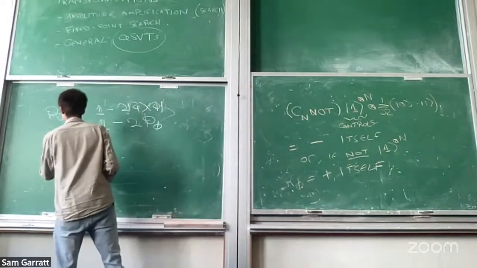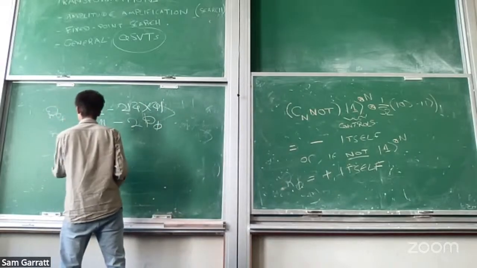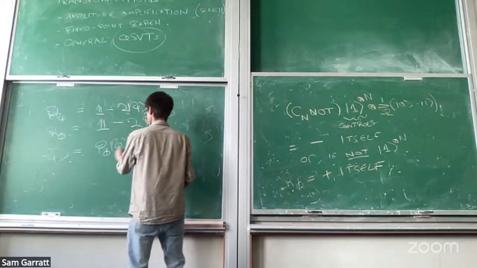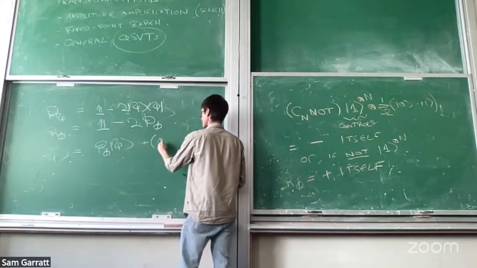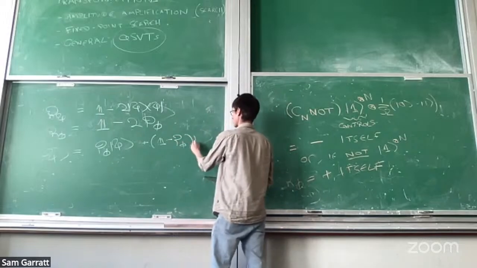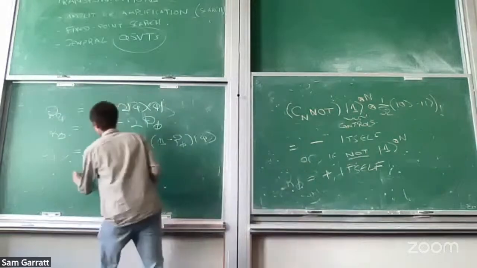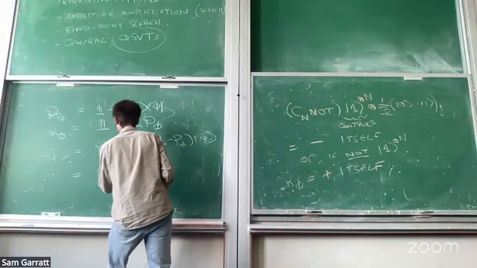So for any psi, what we can do is write, this is the part in the target space, and this is the part not in the target space. So these two parts we can just define in this way.